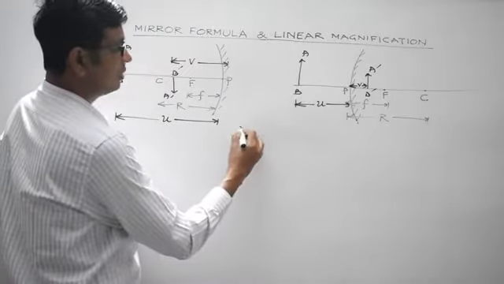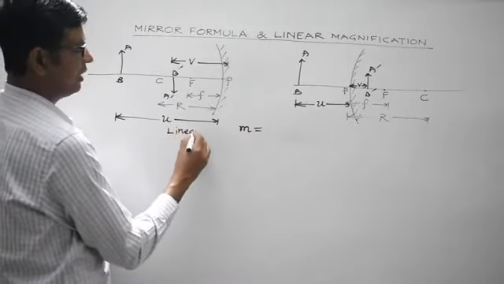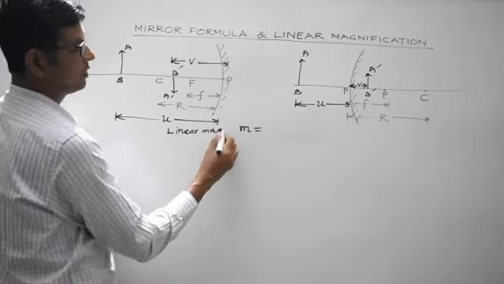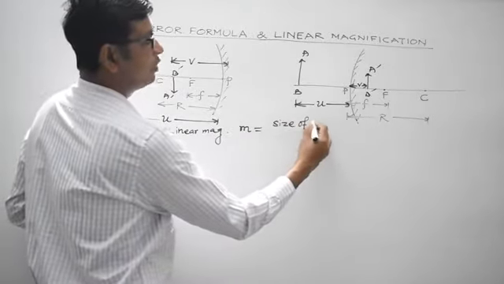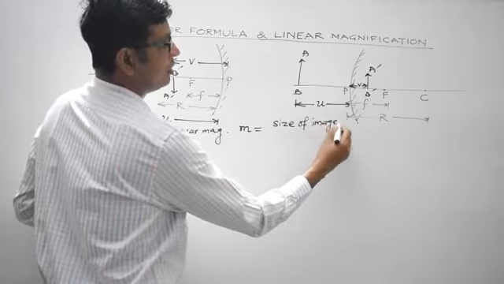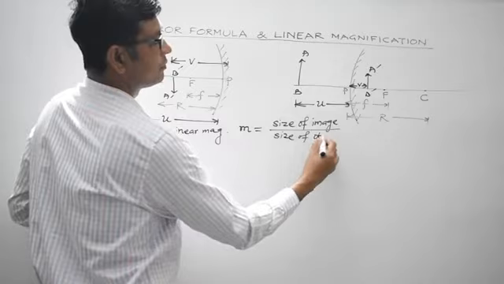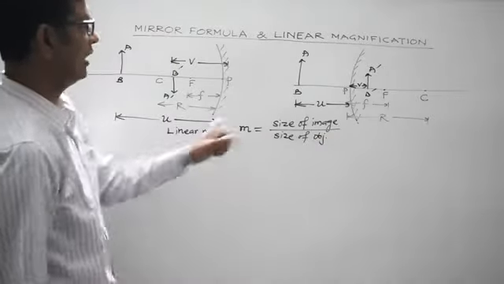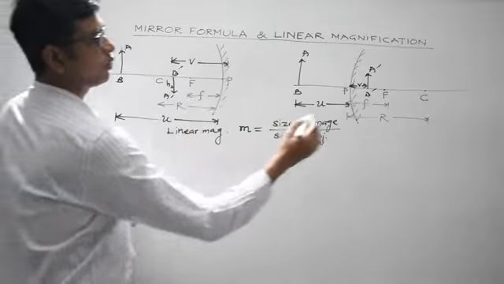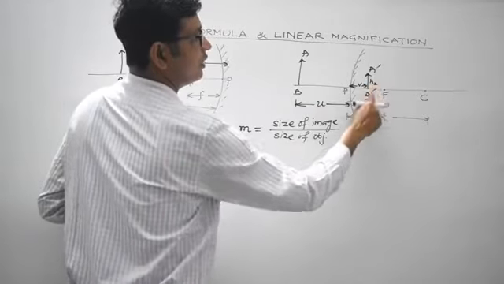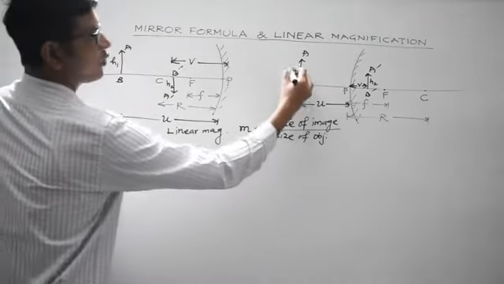Now there is a term linear magnification. It is denoted by small letter m. Linear magnification is defined as the ratio of the size of the image to the size of the object. Now look, this A dash B dash is the size of the image. Let us represent it by h2. And the size of the object, suppose we represent it by h1.